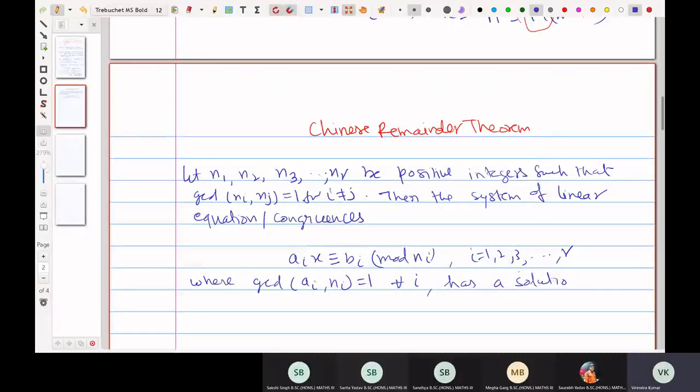A simultaneous solution means that the same solution will satisfy every equation, all these r equations.